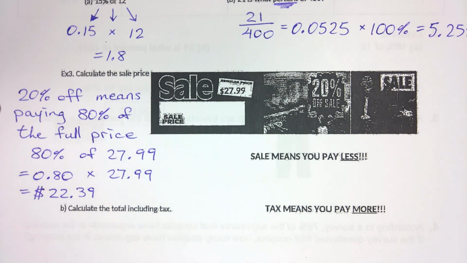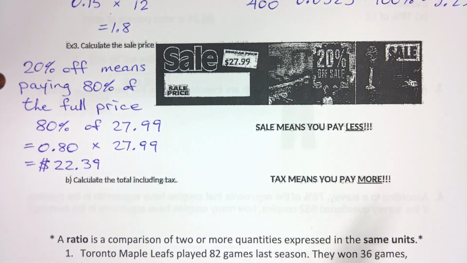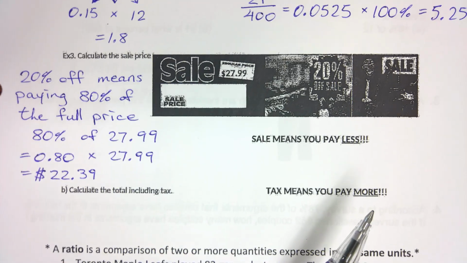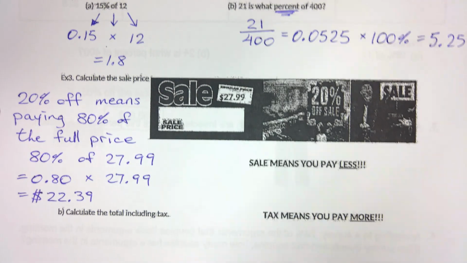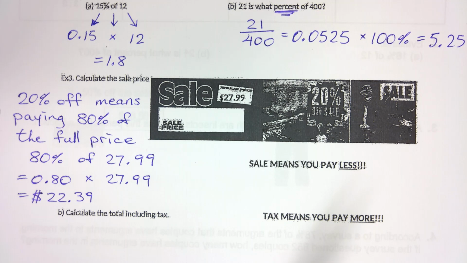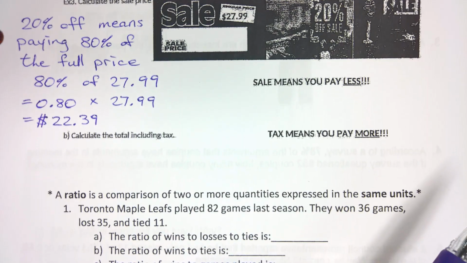So $22.39. But whatever we buy in Canada, what do we have to pay? Tax. How much? 13%. Unfortunately, we have to pay tax, 13% tax to be specific.